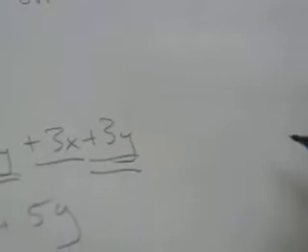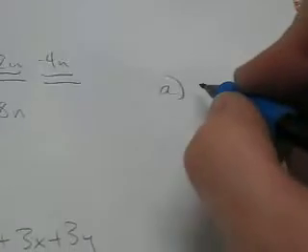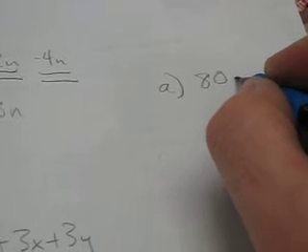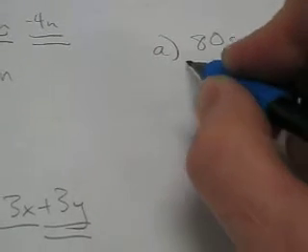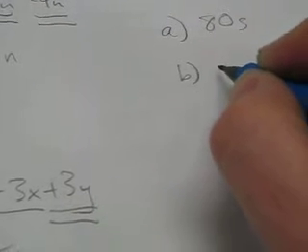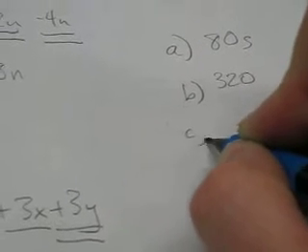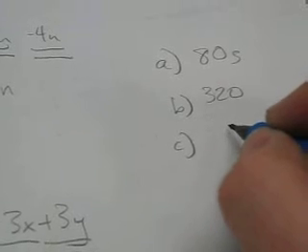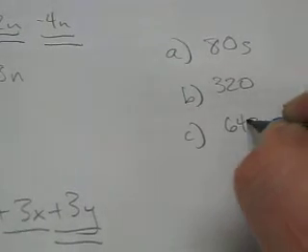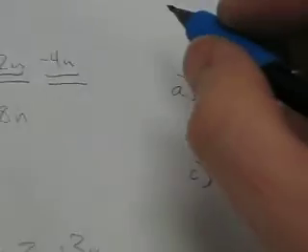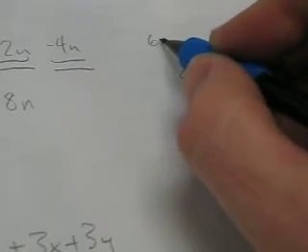For A, our answer is going to be 80S. For B, our answer is going to be 320. And for C, our answer is going to be 640. This is for number 69.